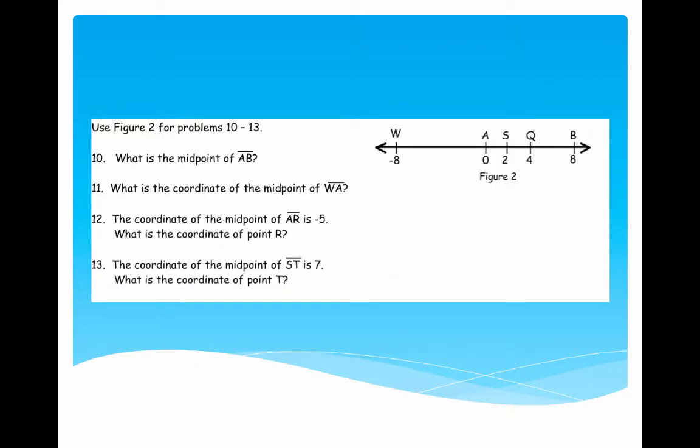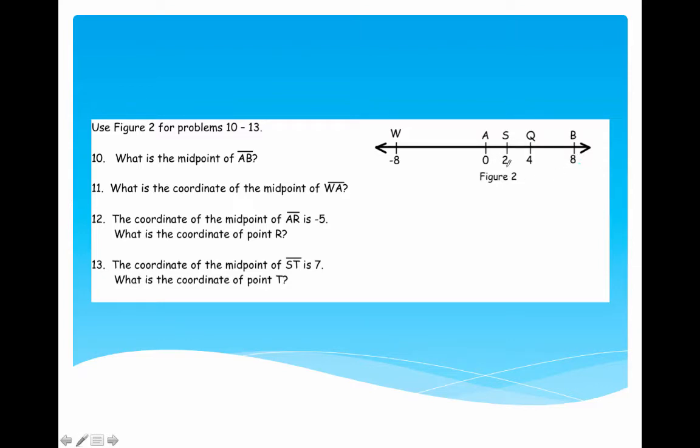Okay, now we want to use this one figure for all 4 of these. What is the midpoint of AB? So AB is from 0 to 8, so the whole length is 8.